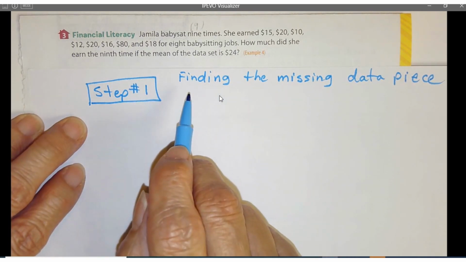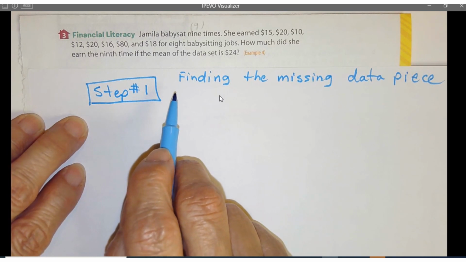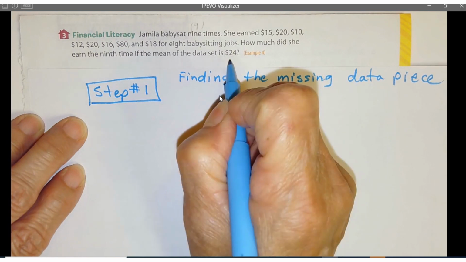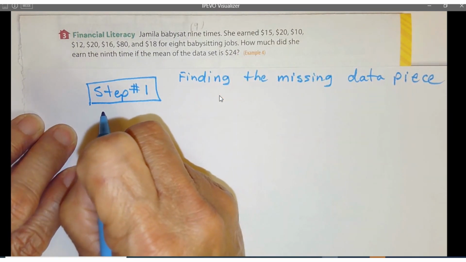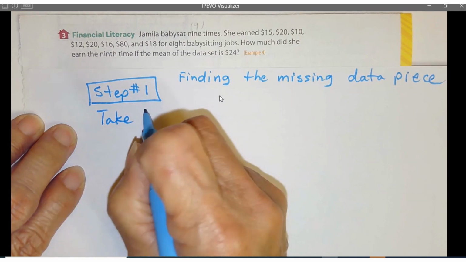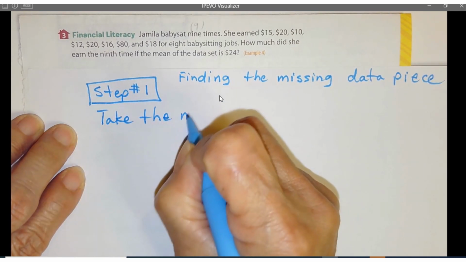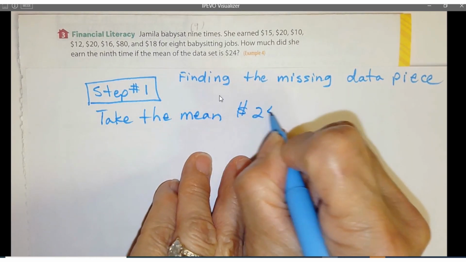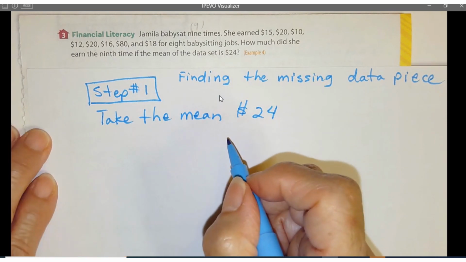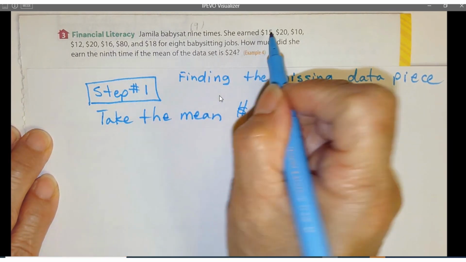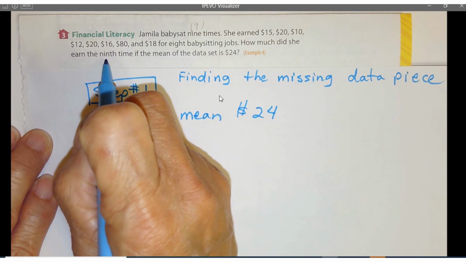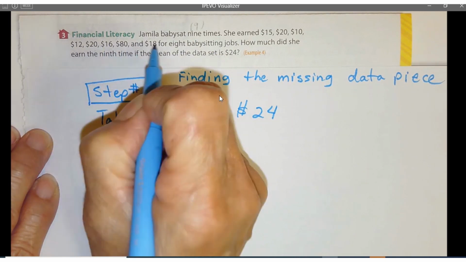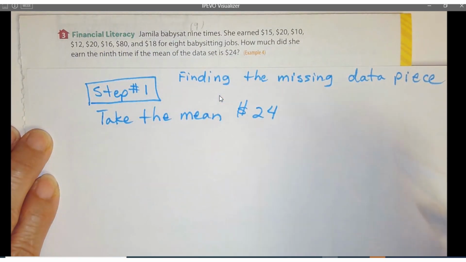If you remember back in example number 4 that we worked on, you have to take the mean that they gave you, which is $24, and because we have a total of 9 pieces of data, since we're looking for the 9th one, 1, 2, 3, 4, 5, 6, 7, 8, and then the 9th one.